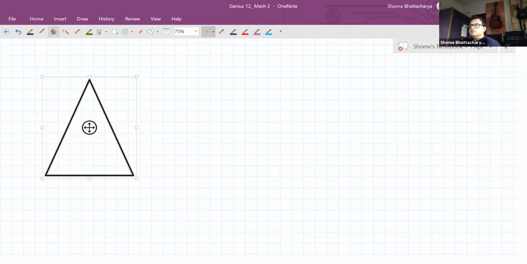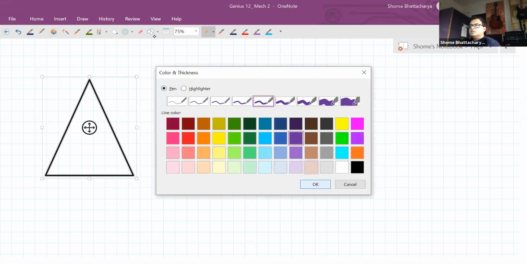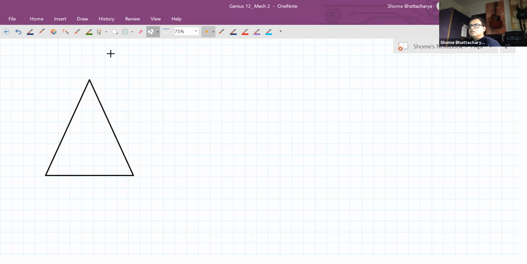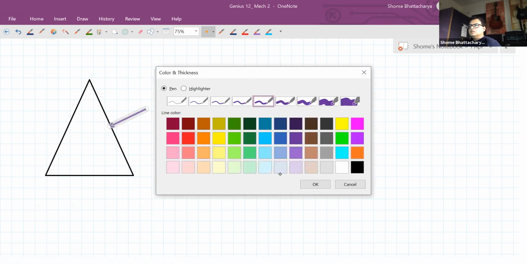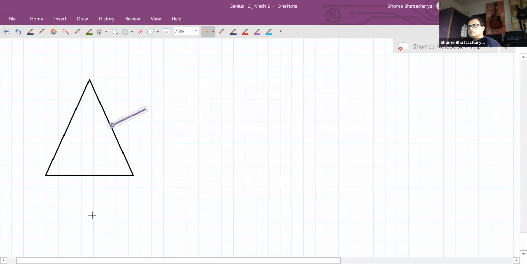So on this wedge we have normal reaction applied by this. We have its own weight. We have normal reaction applied by the ground.